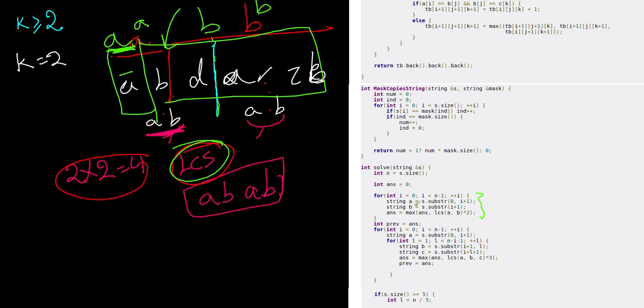We split the string into two parts, A and B, for all the possibilities, and we calculate for every one the longest common subsequence between the two parts, and we multiply the result by 2, because we have two parts. We need to calculate the length of the whole common subsequence.